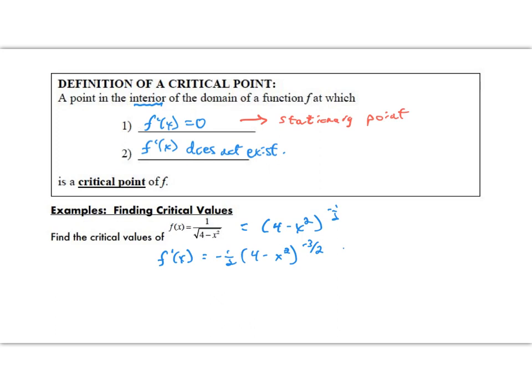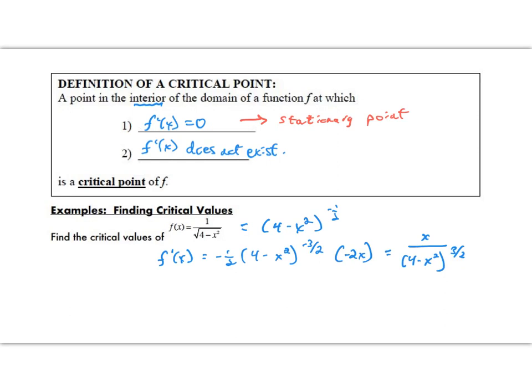And then I can't forget the chain rule, so I'm going to multiply by negative 2x. And a little bit of cleanup later, cleanup on aisle 2 as I like to joke. The x's wash out, the negatives wash out, and you're going to end up getting something like this. x over the quantity of 4 minus x squared raised to the 3/2.